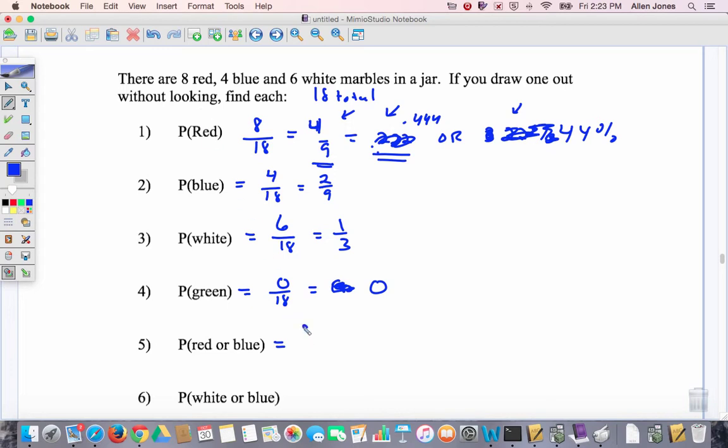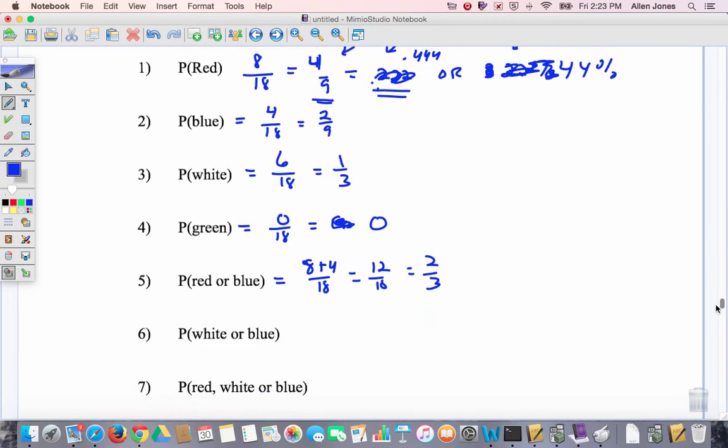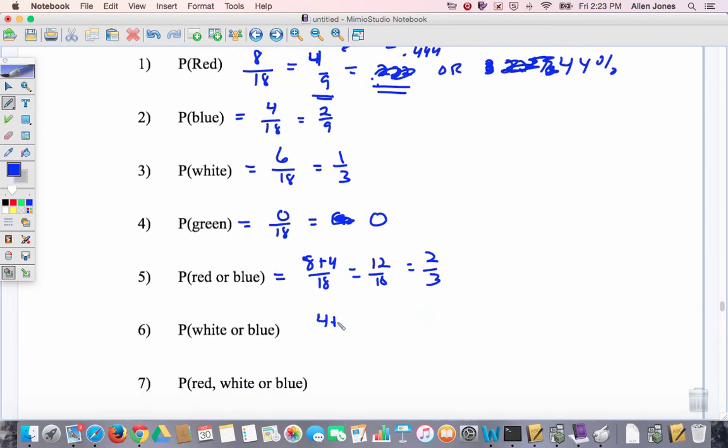Probability of red or blue, notice there are 8 red and 4 blue out of our total of 18, or 12/18, which simplifies to be 2/3. Couple more real quick here, white or blue. There's still 18 to choose from. Of those, 4 are blue and 6 are white, so 10/18, which simplifies to be 5/9.